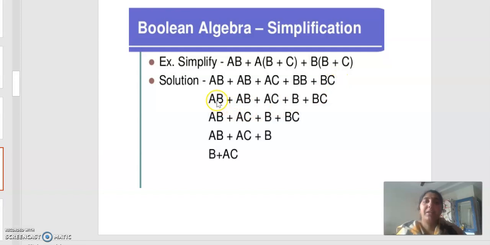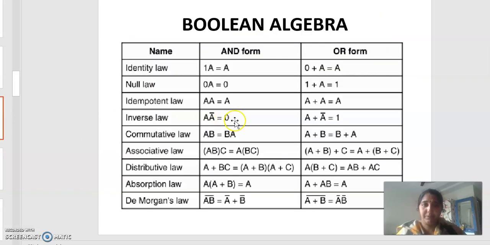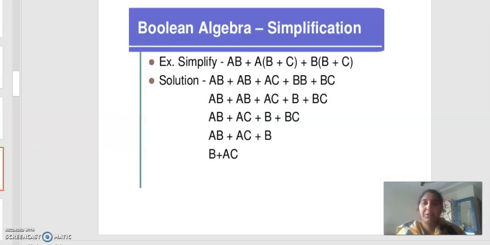Next, as per the law A into A equals A, we can replace BB with B, giving B plus BC. Similarly, AB plus AB can be written as AB. So we have AB plus AC plus B plus BC.